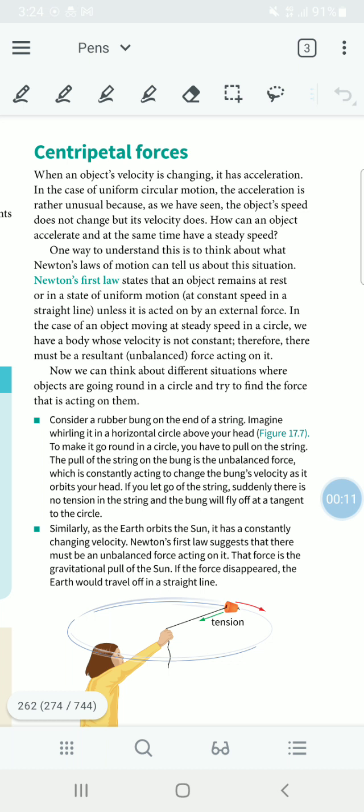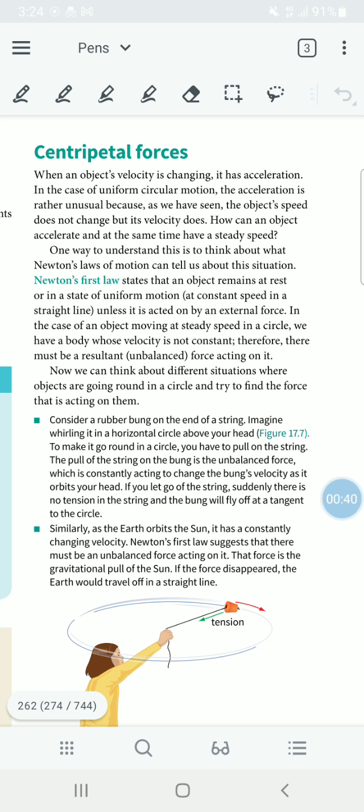Before we discuss what exactly centripetal force is, let's remind ourselves about the first and the second laws of Newton. Newton's first law says unless there is an external force acting on an object, it will either remain stationary or travel in a straight line at constant velocity.